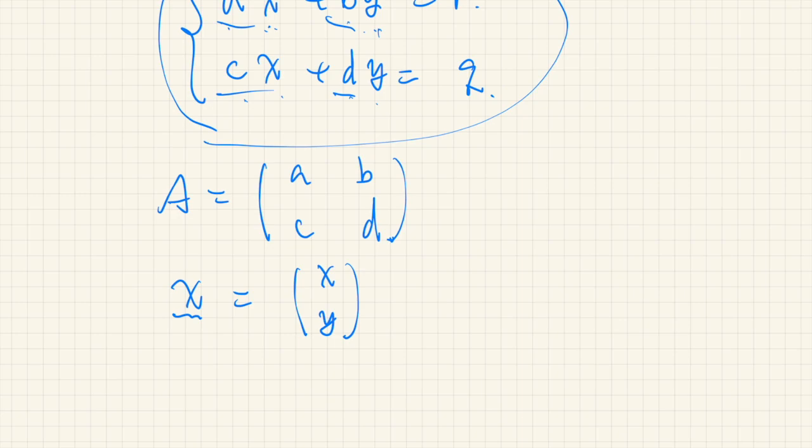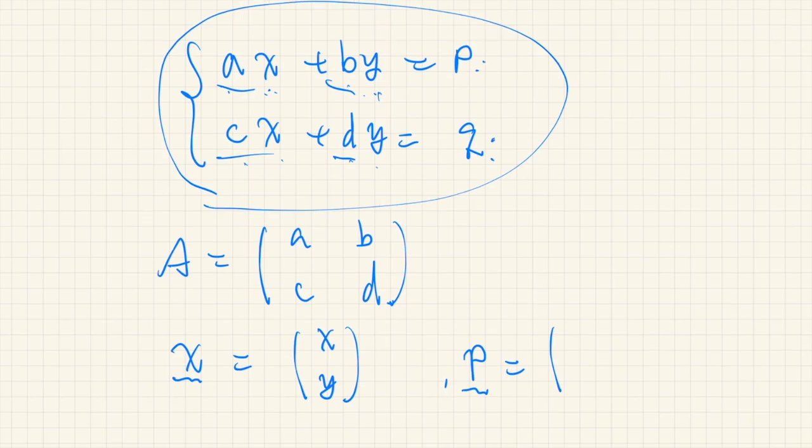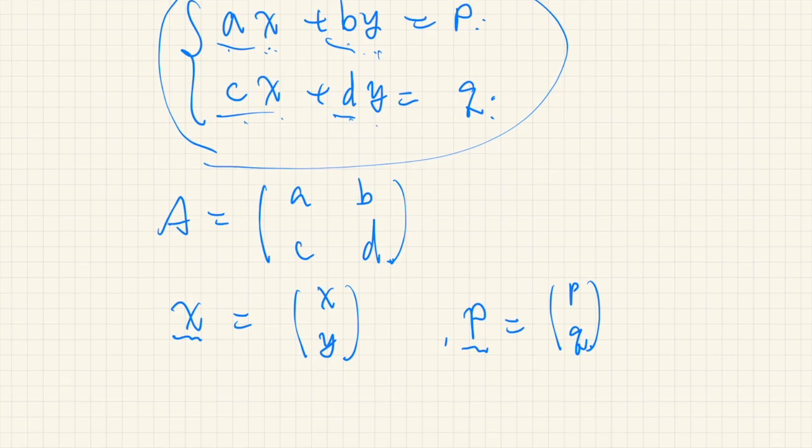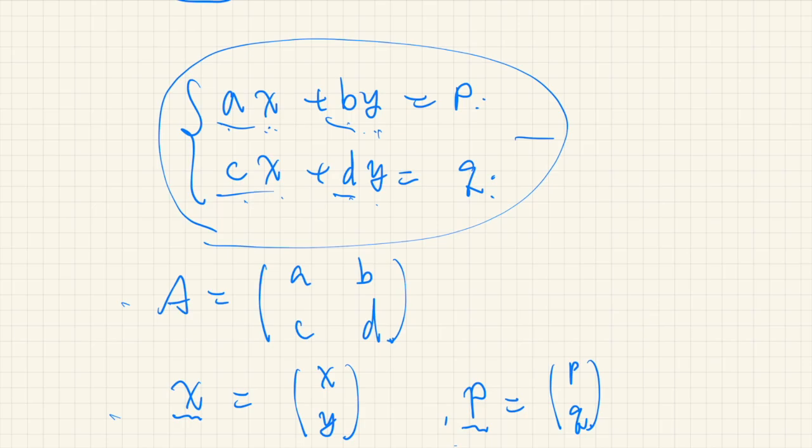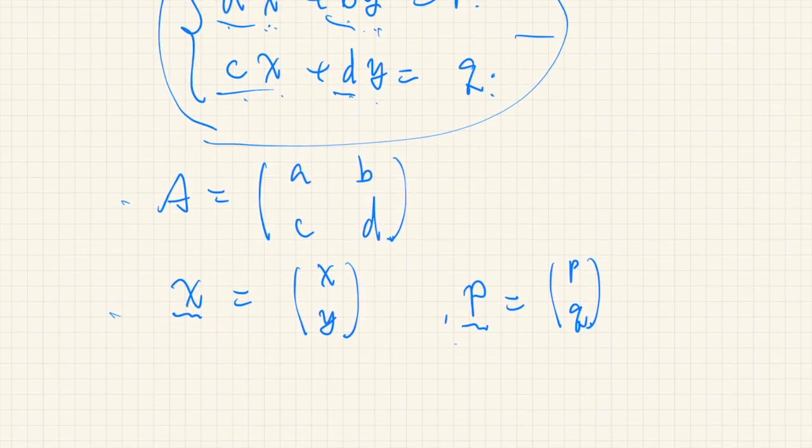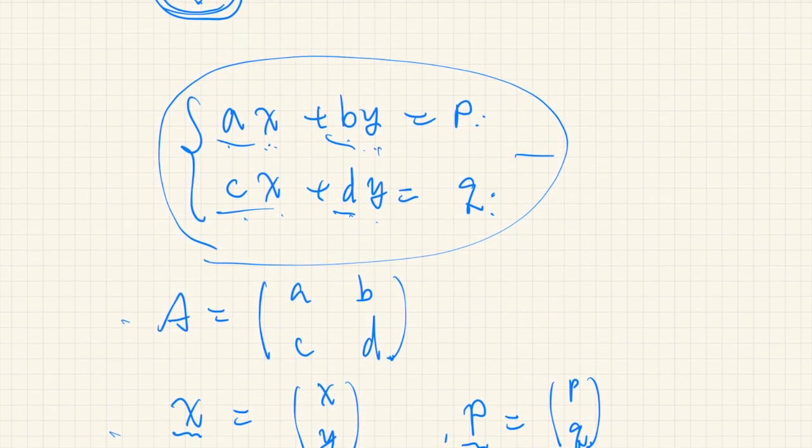And also another column vector, let's call it p, made of the values on the right hand side, p and q. If we use this matrix and these vectors, these equations can be concisely expressed as Ax equal to p.